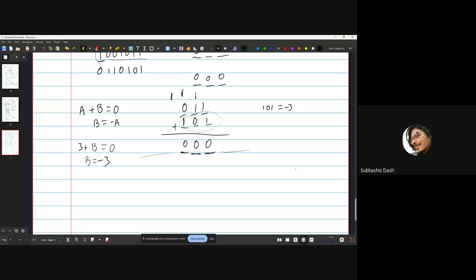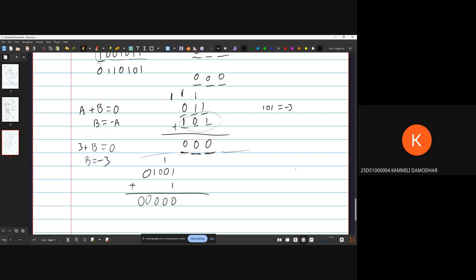Similarly, if we were to just do, let's say 01001, what can we add to this to get 00000? Tell me one by one. 1 plus 1, we get a carry out over here.